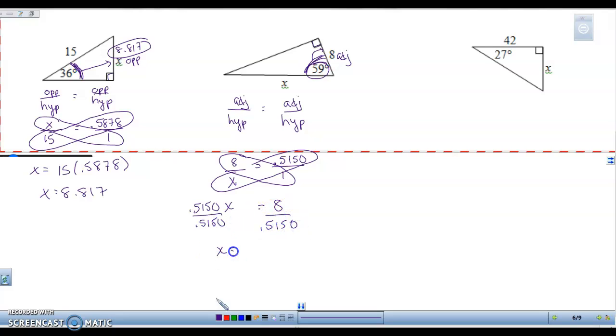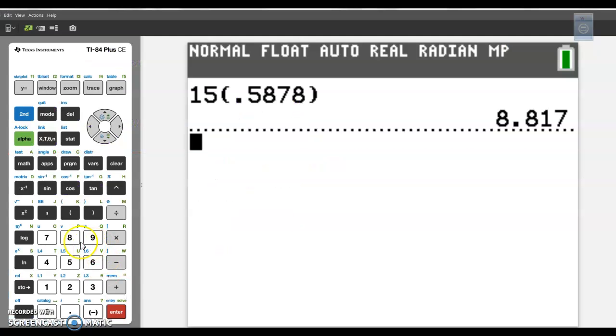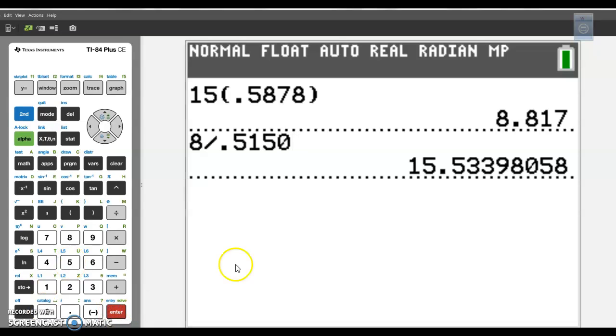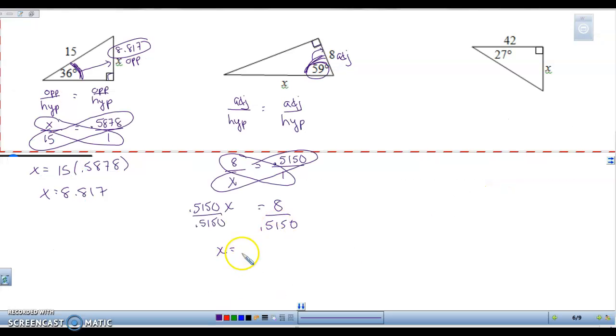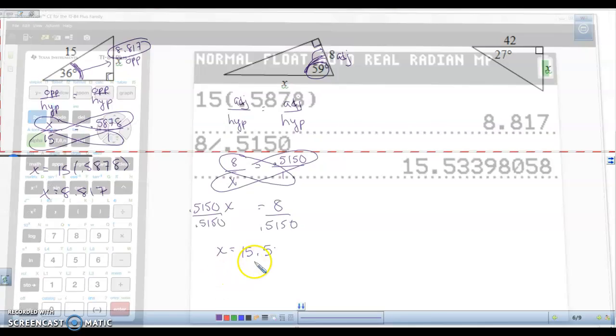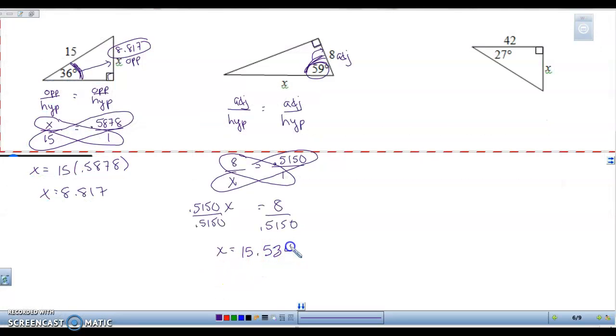So x equals 8 divided by 0.5150, and I get 15.53, and I have to round this to the nearest thousandth, so 15.534. So x is going to be 15.534, rounded to the nearest thousandth. That's what I got for that one.